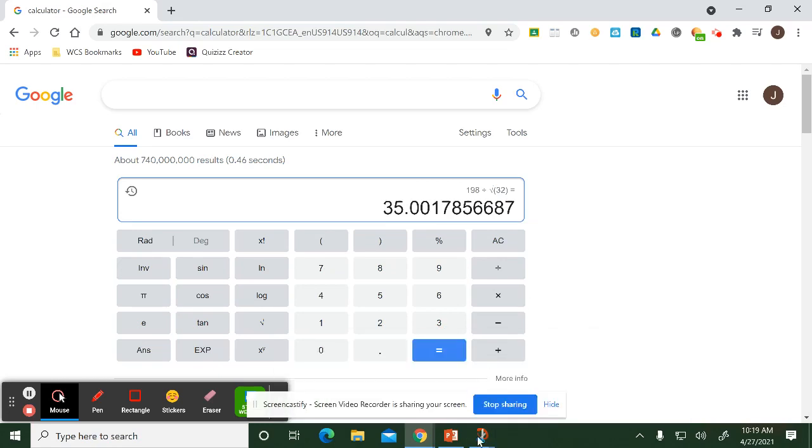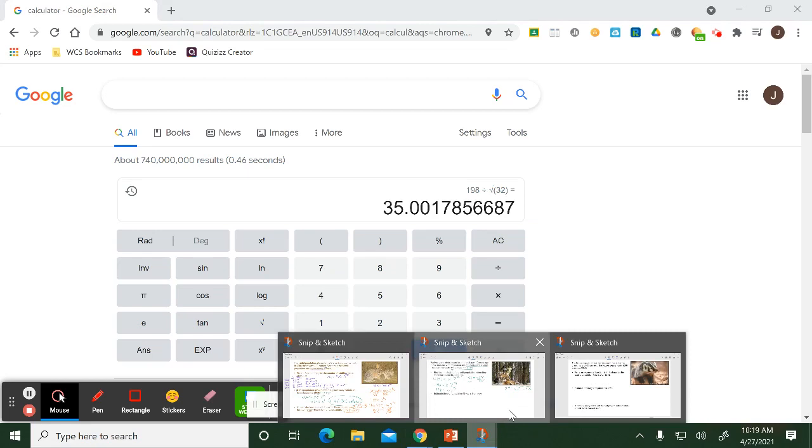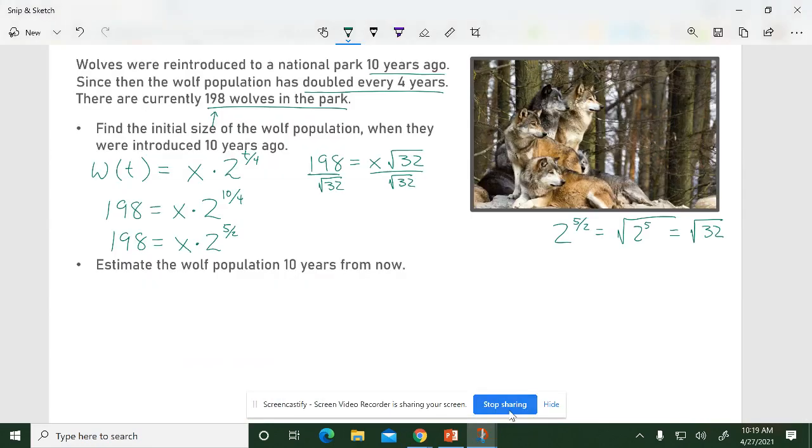Now, let's write this down really quick. We have 35 wolves. Say you didn't want to use the radical 32, and you just wanted to keep it as 2 to the 5 halves power. What you could do is figure out that 5 halves, 5 over 2, as a decimal would be 2.5. So instead of dividing by square root of 32, you could have divided by 2 to the 2.5 power.